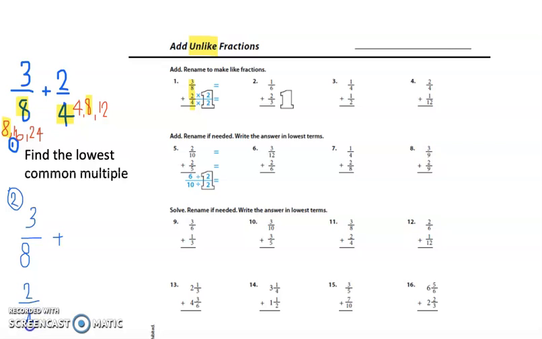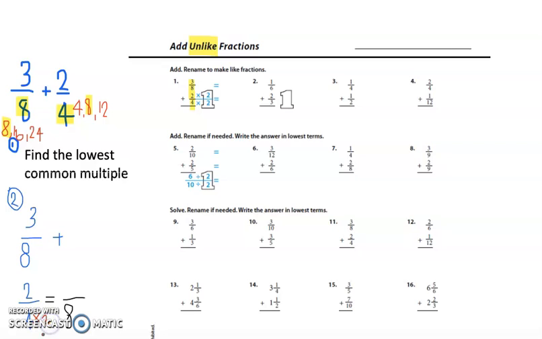I want to change my denominator into 8. And what do I need to do to make it 8? I need to multiply 4 by 2, because 4 times 2 is 8.